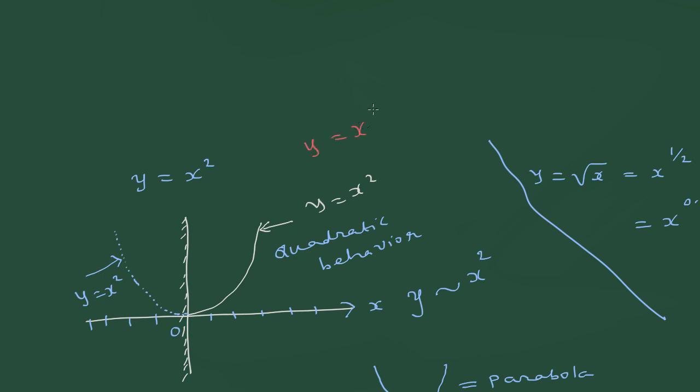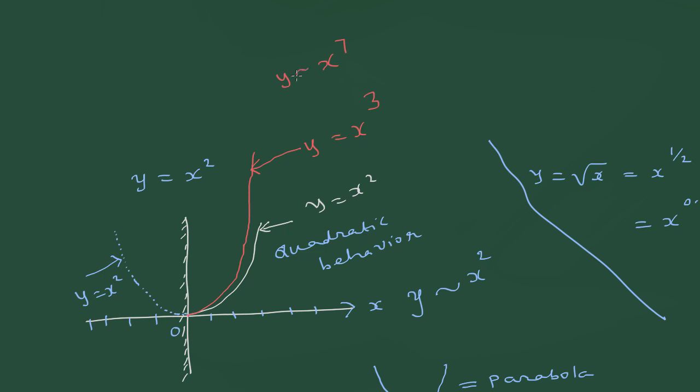Suppose y equal to x cube, what will happen? A small change is there. All you have to do is make it a little bit steeper, and it goes like this. So that's the curve. You make a little adjustment to the y equal to x square curve, making it more and more vertical, steep. Then it becomes x to the power 3. If you make it much more vertical, you can plot x to the power 7.